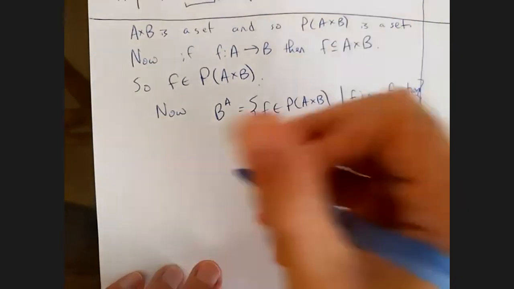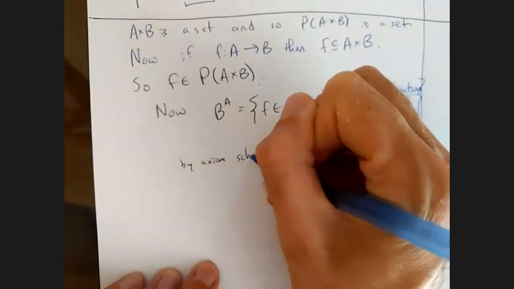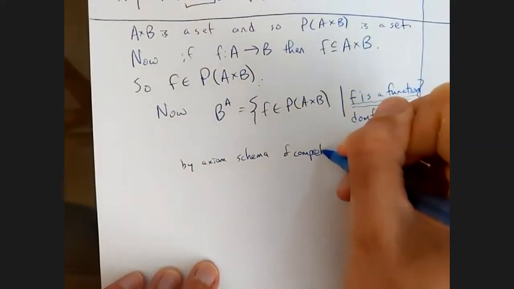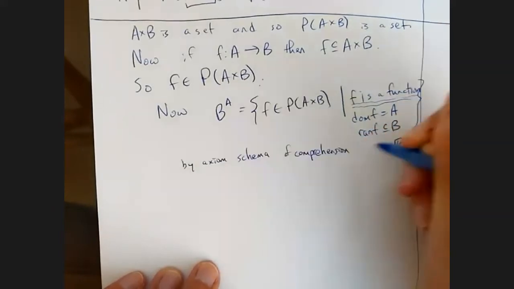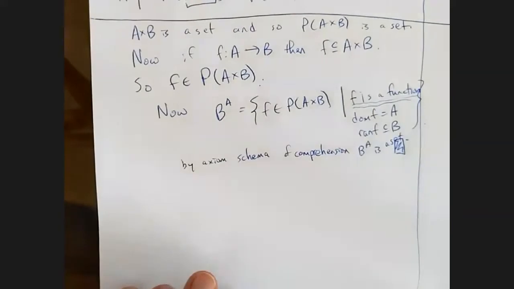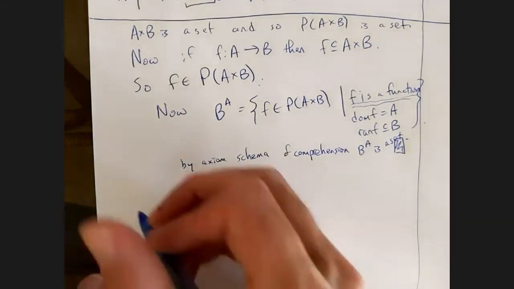I guess we should say by axiom schema of comprehension, B to the A is a set. And that's the end. So it wasn't too bad. Let's try question 6, which is more of an example.